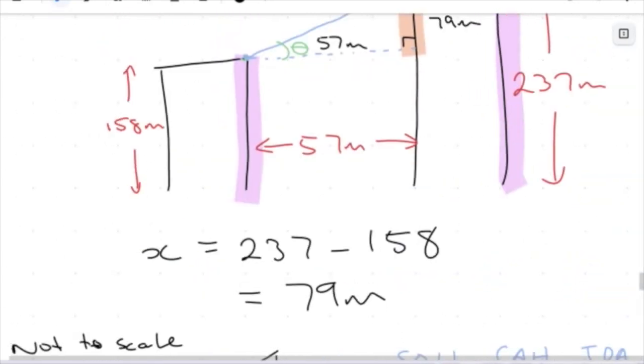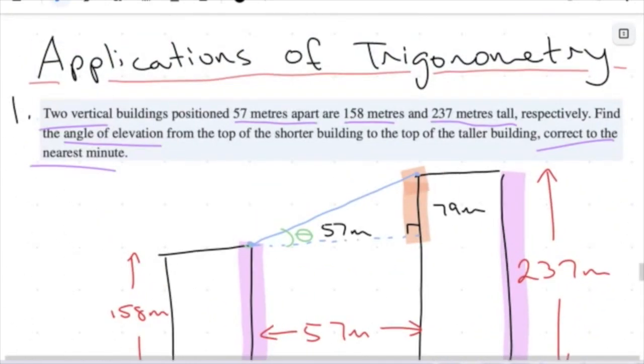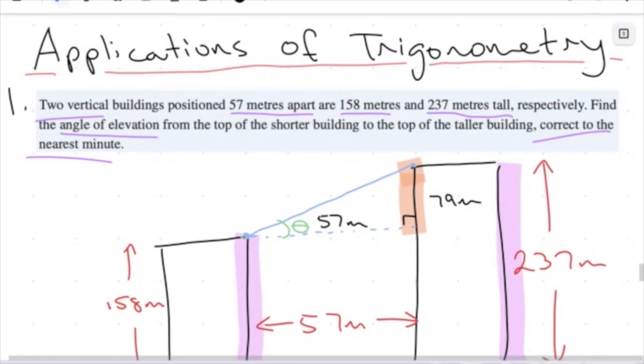This is how we can apply trigonometry and construct these little imaginary right angle triangles in order to solve a variety of problems. So we're going to do the same thing every single time. We want to underline the key ideas, we want to draw a picture and try to draw a right angle triangle somewhere. Because remember, we're doing trigonometry here.